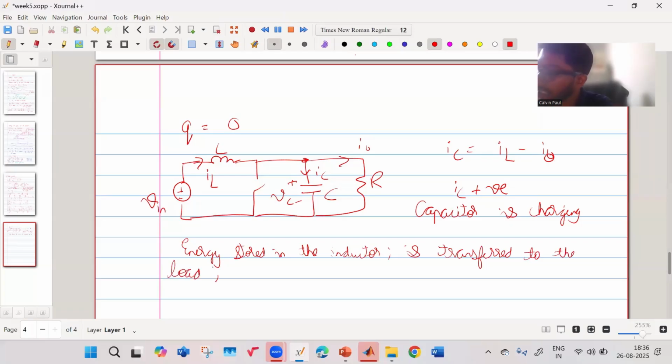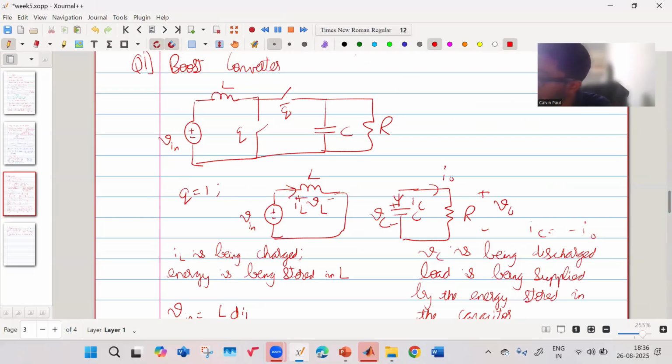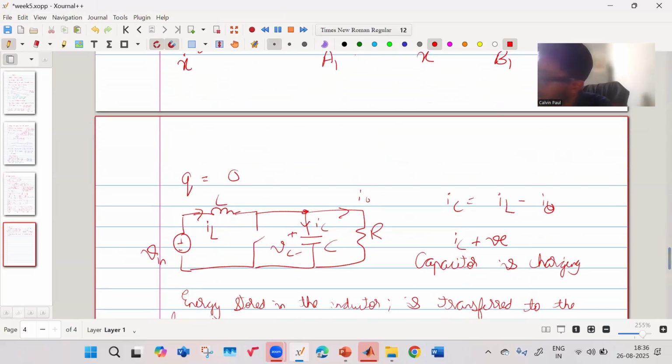This is the logic, this is how it works. When you're in your circuit A, your inductor is charging and your output is discharging. And in your circuit B, your inductor is discharging and charging the capacitor. It is not direct like in a buck converter.